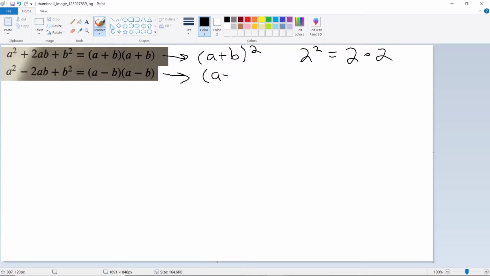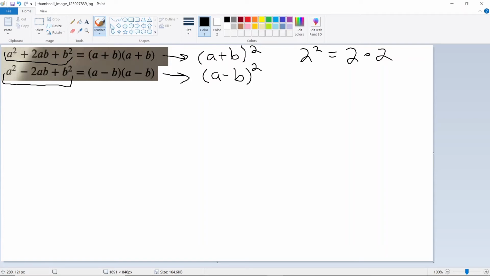It's a minus b times itself. There are problems that go both ways: either from a plus b squared you have to write the quadratic, or from a minus b squared you have to write the quadratic. But it could also be you have a quadratic and you can recognize it with this pattern. So let's try this.